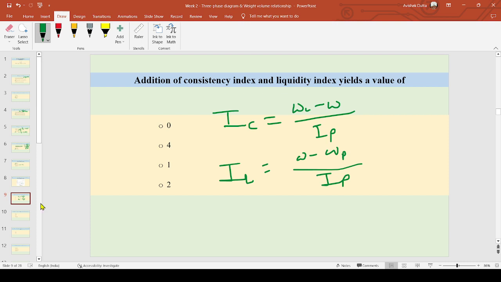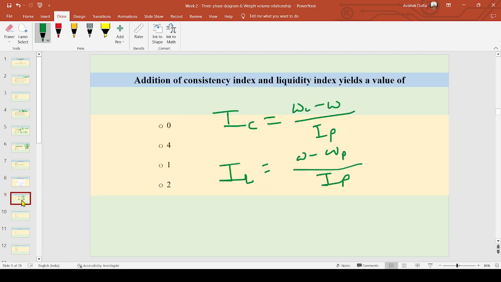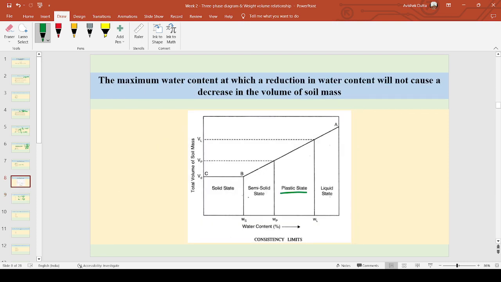If the value is positive, that means the moisture content is less than the liquid limit. Now liquidity index is W minus WP. It considers whether W is higher or lower than the plastic limit. If W minus WP is positive, that means W is more than the plastic limit.